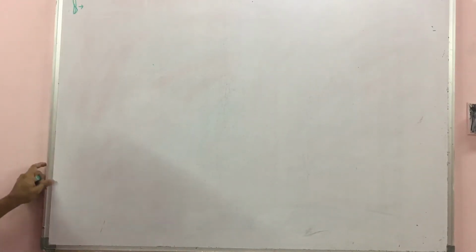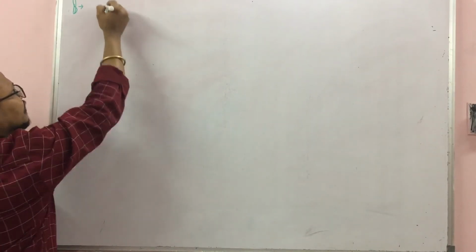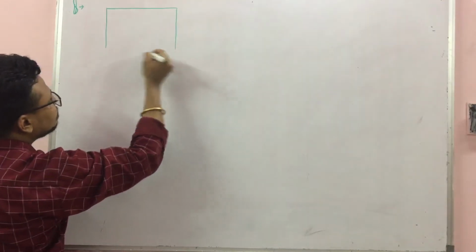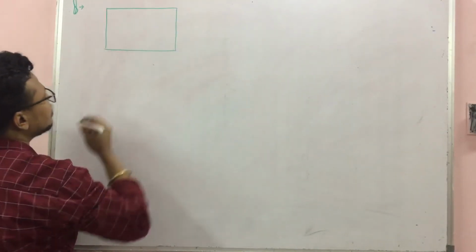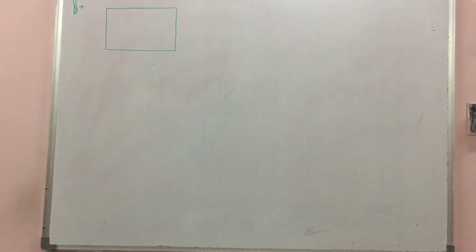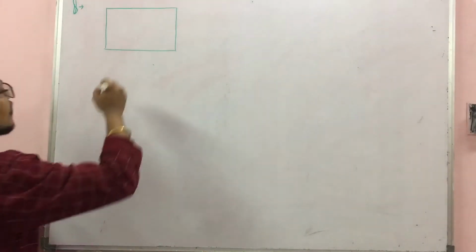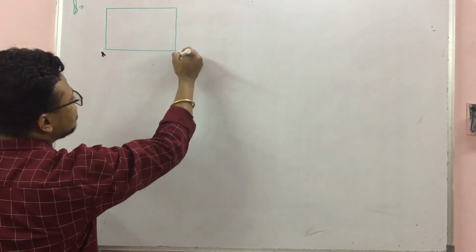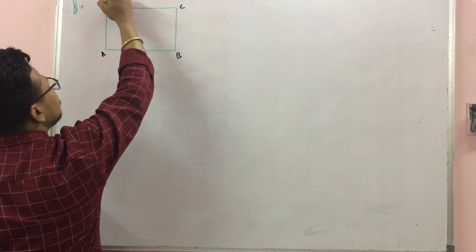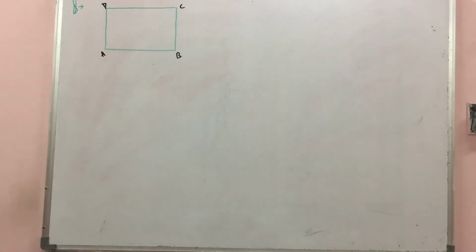See, like I give an area, a rectangle I give. I'm doing this one. So this is A, this is B, this is C, and this is D. Now, what is the area of this rectangle?